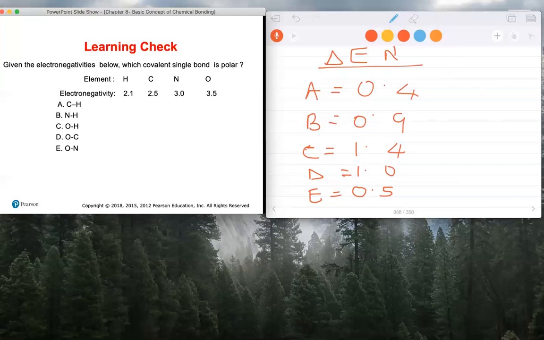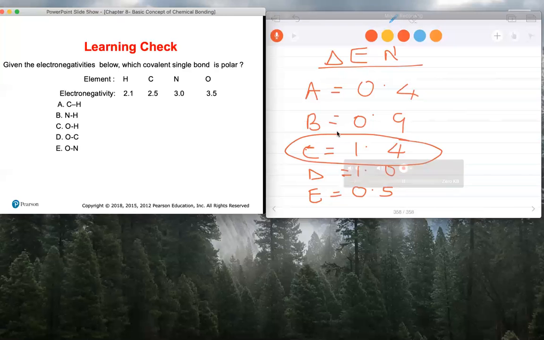Most polar. You look at C; this has the highest value. The most polar in this case will be the single bond with the highest difference in electronegativity values.